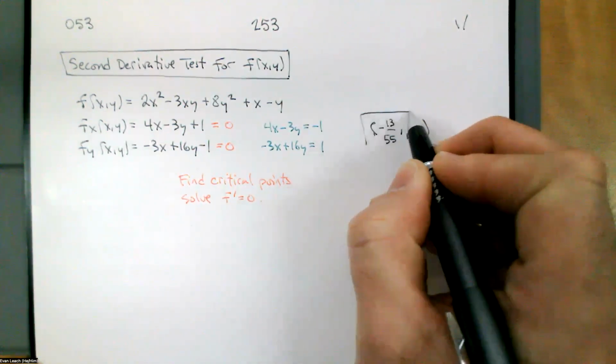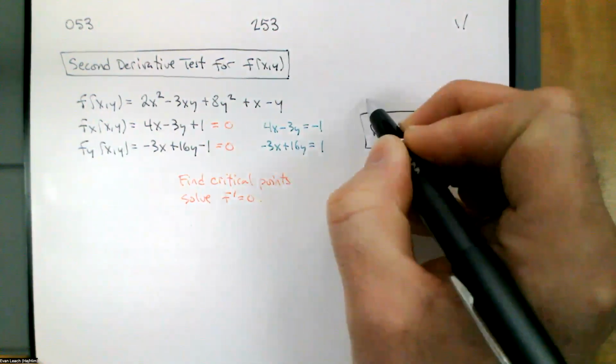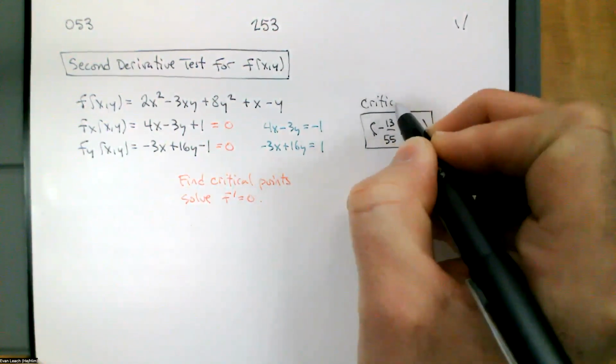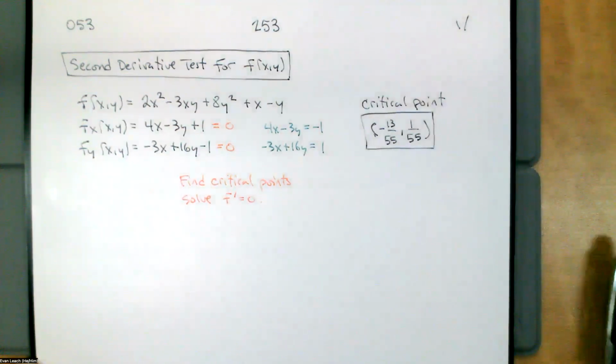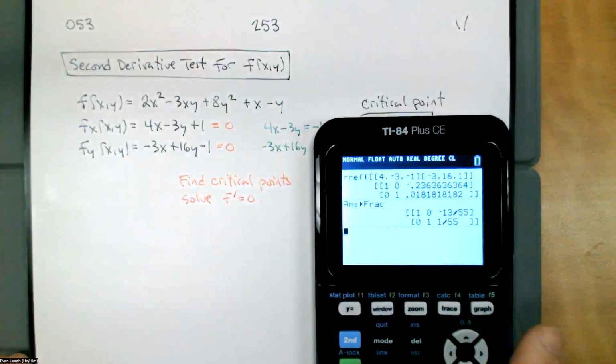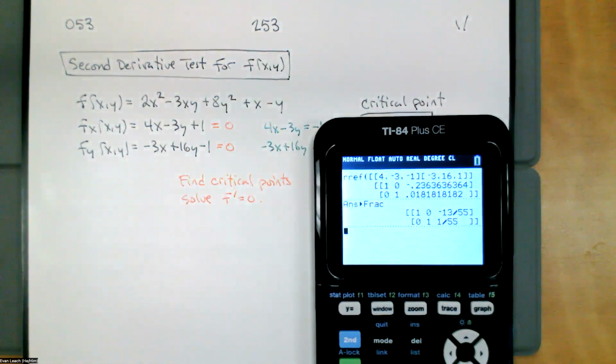And here is our critical point. That's just solving the system of equations. I used the matrix because that was going to be fastest. We could also try canceling out, like make the x coefficients opposite 12s or the y coefficients opposite 48.